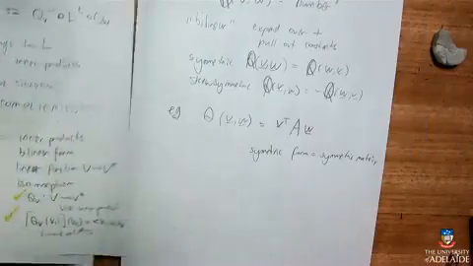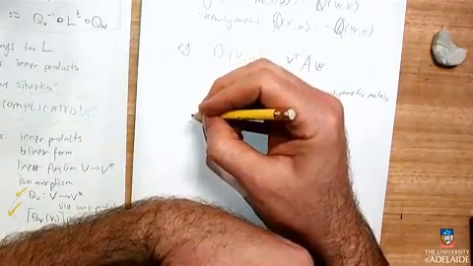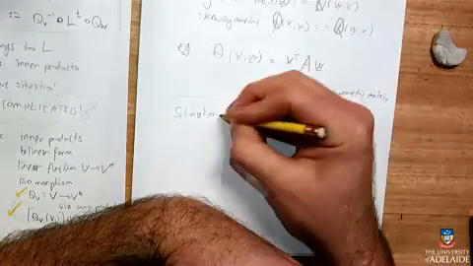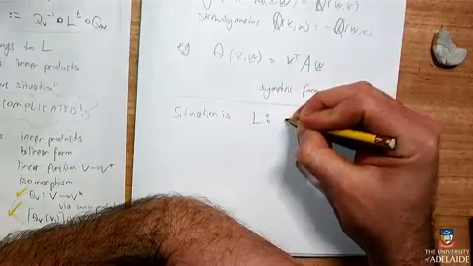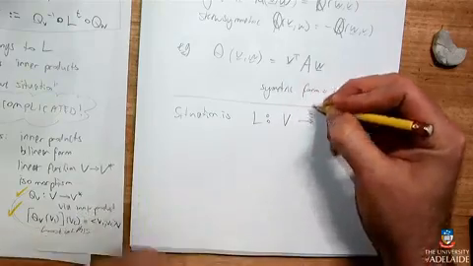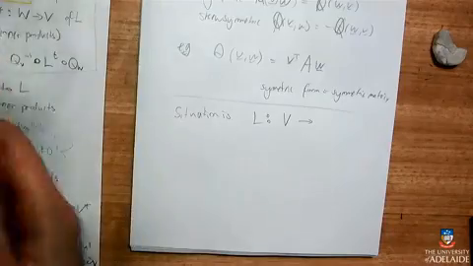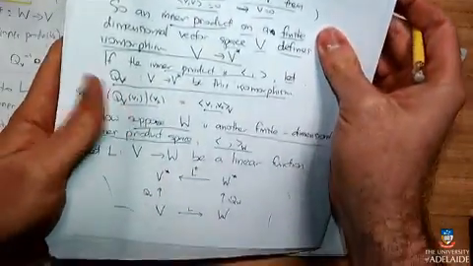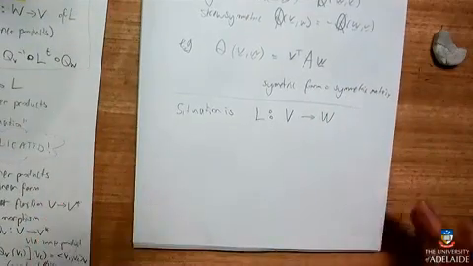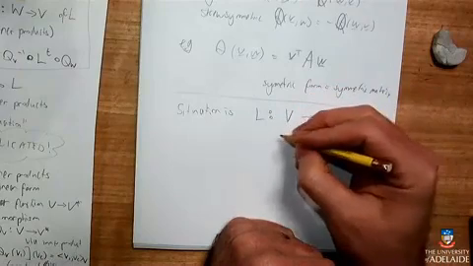So the adjoint of L, let's just see where we're up to. Our situation is that we have a linear transformation that goes from V into W. V had an inner product, and W had an inner product.